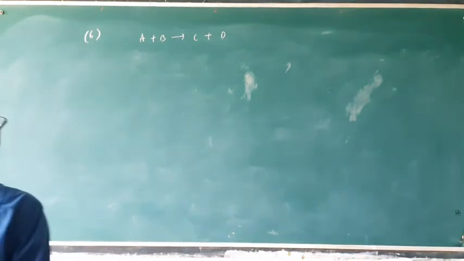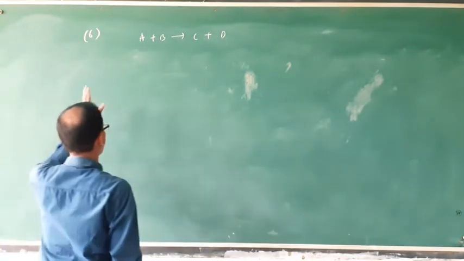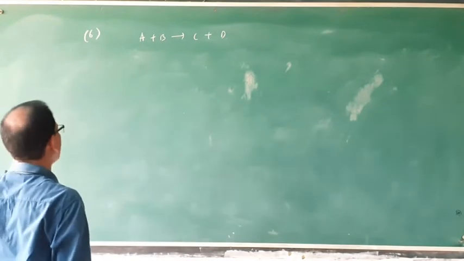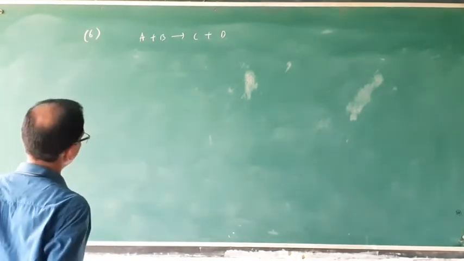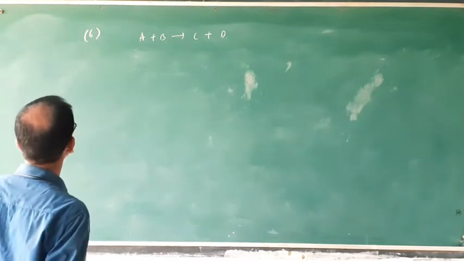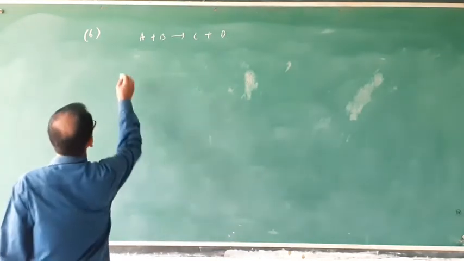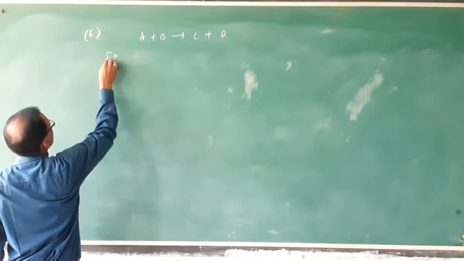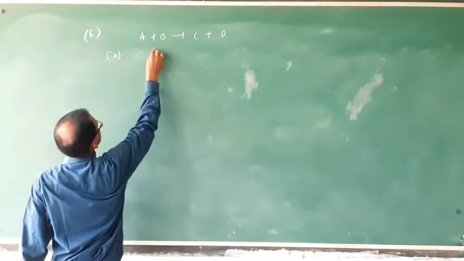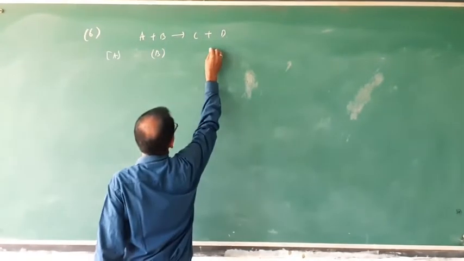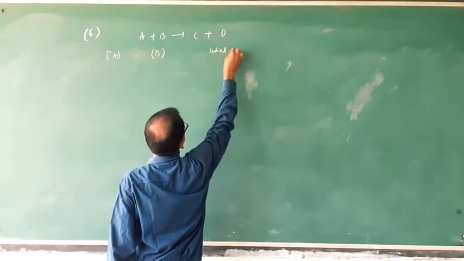Here, the data for this reaction is from different experiments. Data means the concentration of A given, the concentration of B given, and the initial rate given.